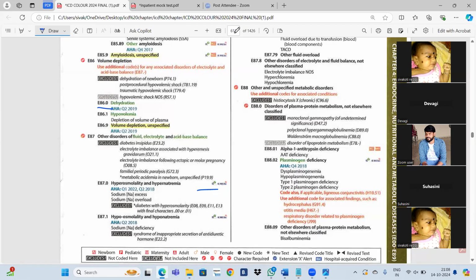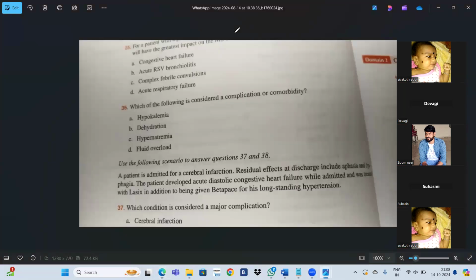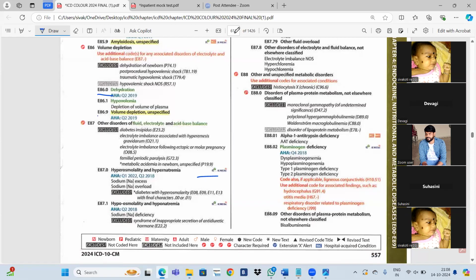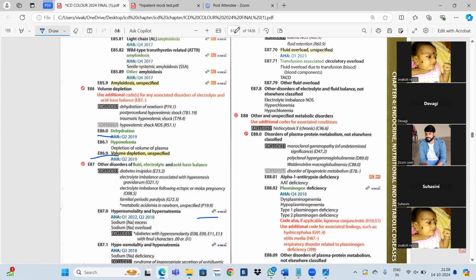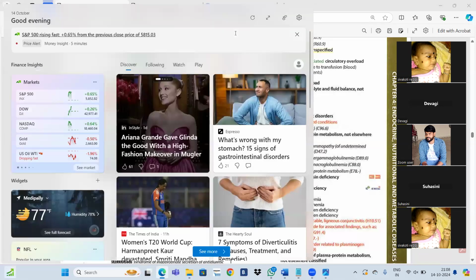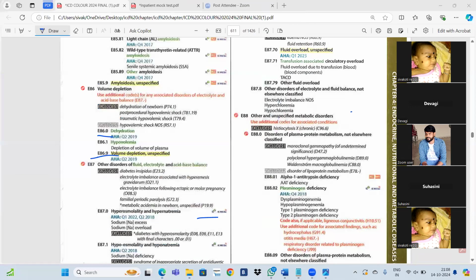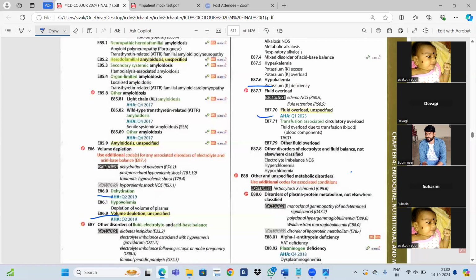Fluid overload. E86.0 is volume depletion only, no? What is the code for fluid overload? I think E86.9 is volume depletion only, so here it is the other fluid overload, E87.70.